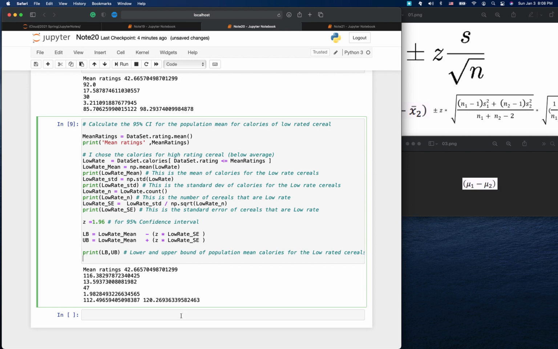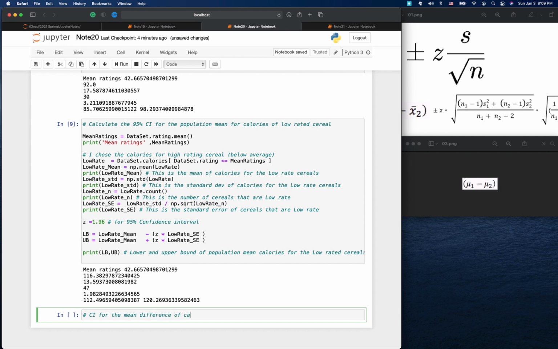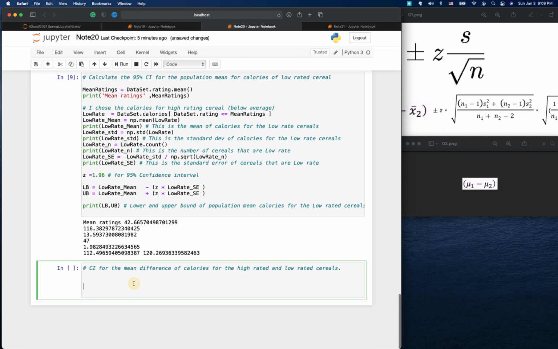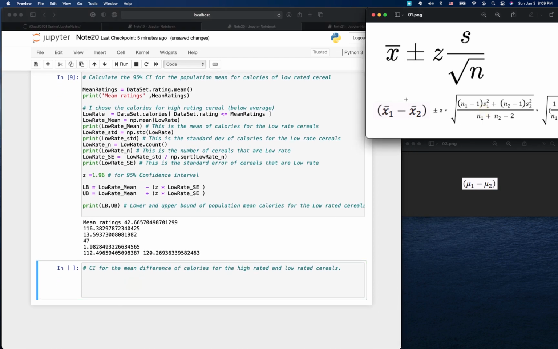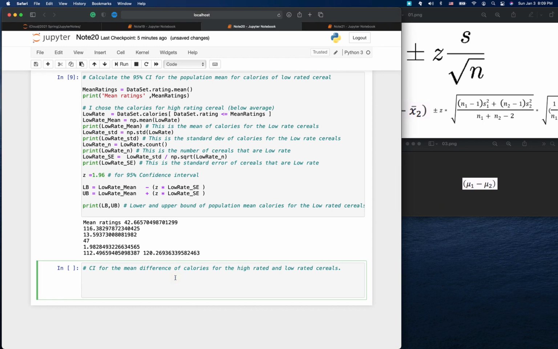So what I need here is actually the CI for the mean difference of calories for the high rated and low rated cereals. Okay, so what I need here, look, I need to calculate the mean difference.